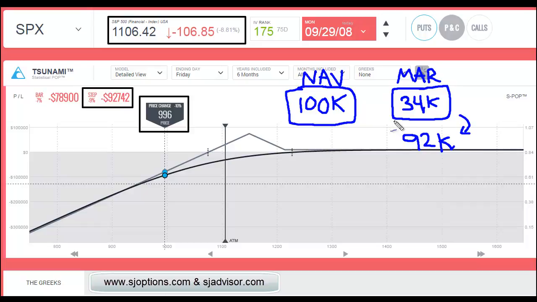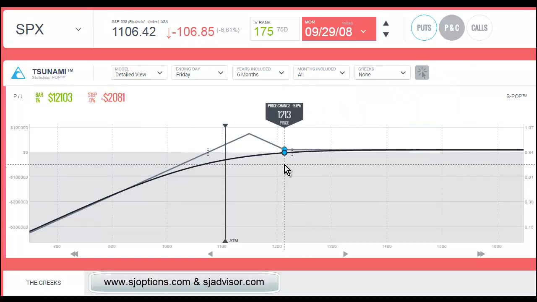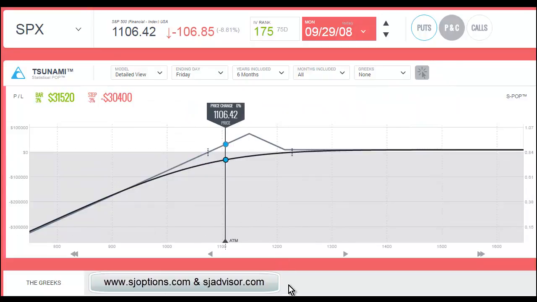which is almost triple. But what's your net liquid value at that point? So I kind of have to delete those drawings to see. But we can see up here that the trade's down 30,000. So I have to draw that over, but basically we started with 100, so now we have 70,000 left.